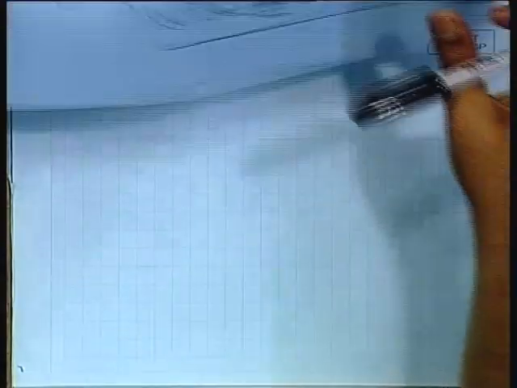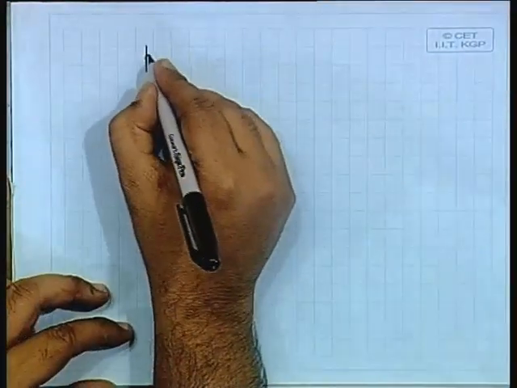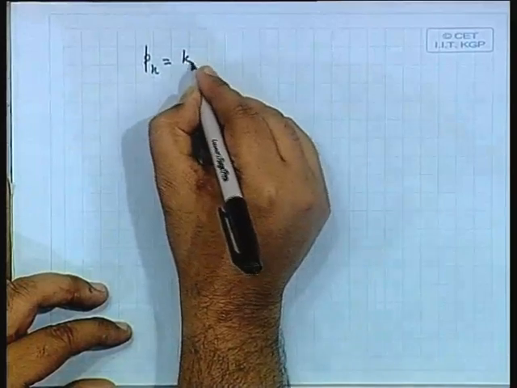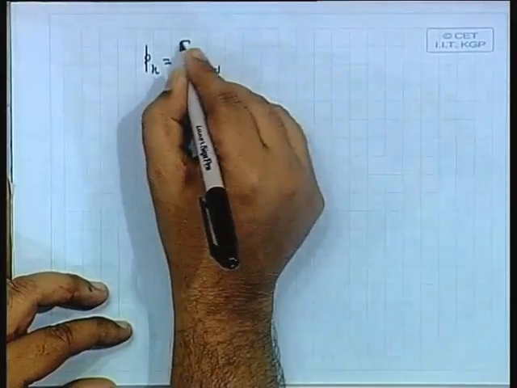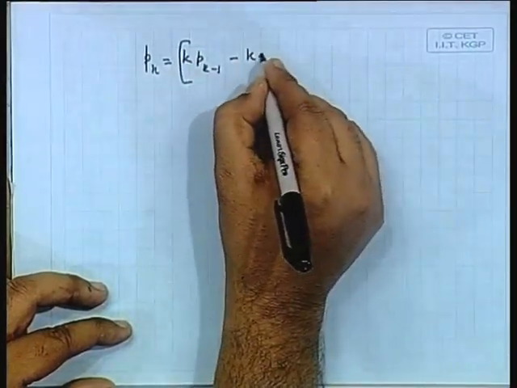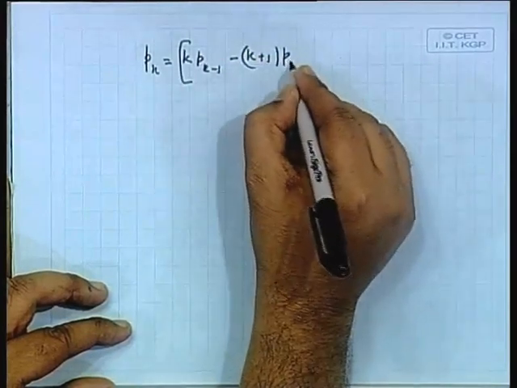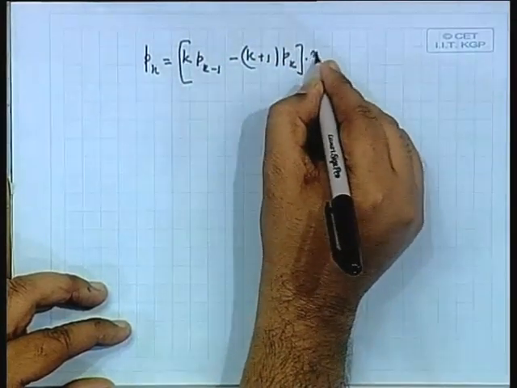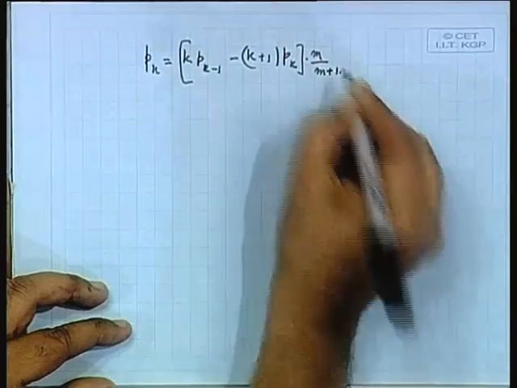Okay. So, with this I will just write it once more for you: k p_{k-1} minus (k+1) p_k. Okay.